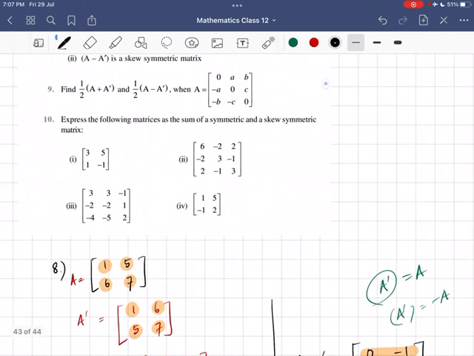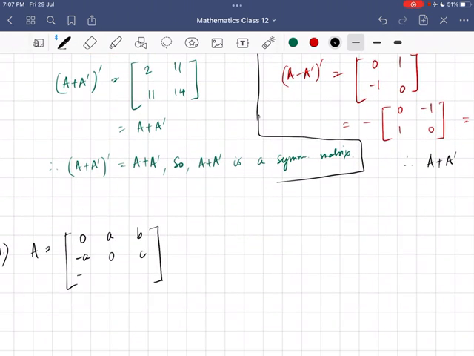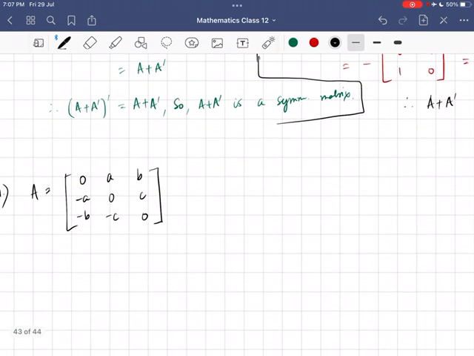So that is the value of A. Then what I'm going to do is find the transpose of this. So A transpose will be equal to what? So if we transpose this, what will happen? 0, a, b, this becomes a column, minus a, 0, c, minus b, minus c, 0. So this is how we get A transpose.